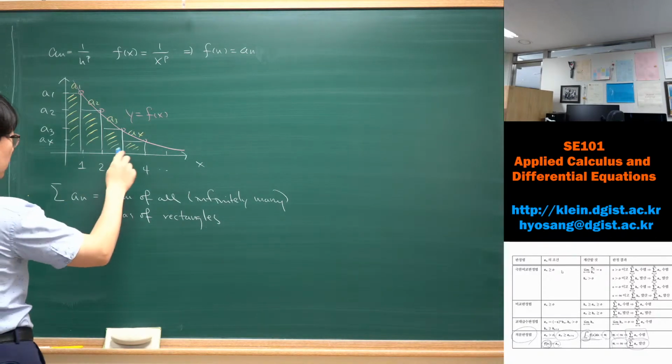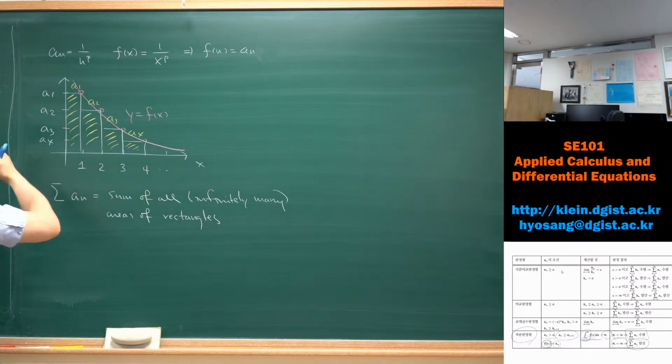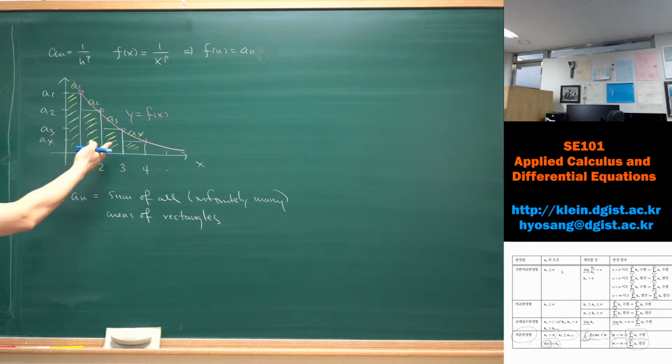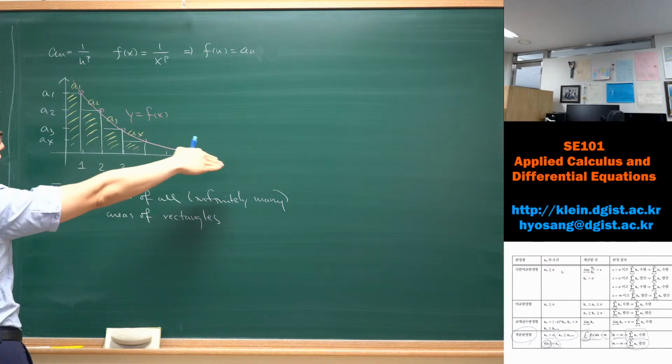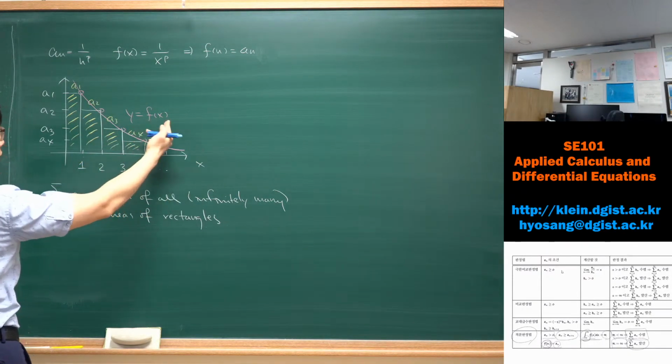So let's pick some large number, because I don't care about the first few terms. The first few terms may not follow the value of the function. What matters is that the rest of the terms will always follow the function.